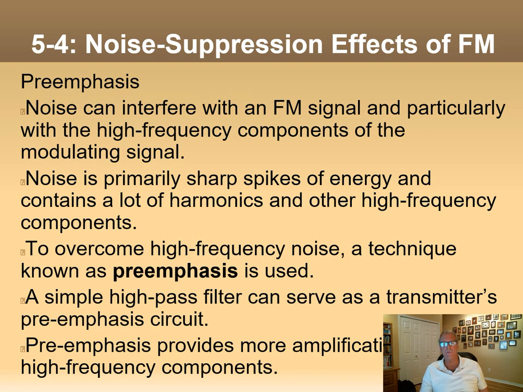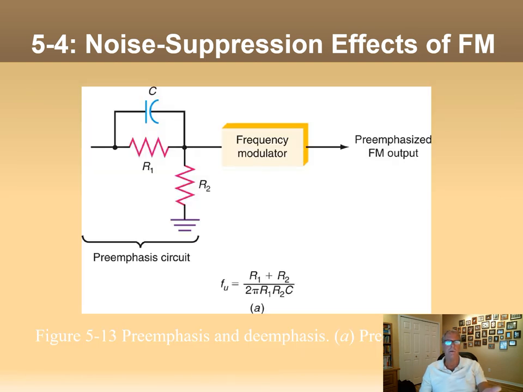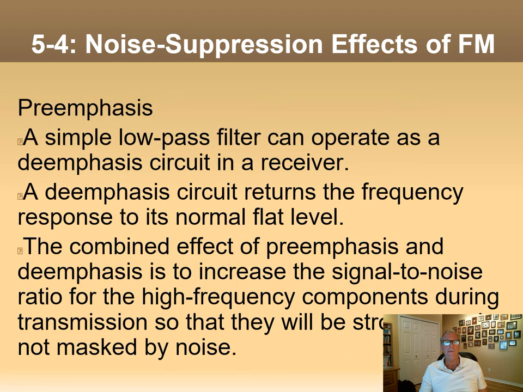And that's called pre-emphasis. And then what you do on the other end is, so here it is, there's a little high pass filter on the modulation input. And then you can use a low pass filter on the receiver, which is called de-emphasis, to put things back the way they're supposed to be.